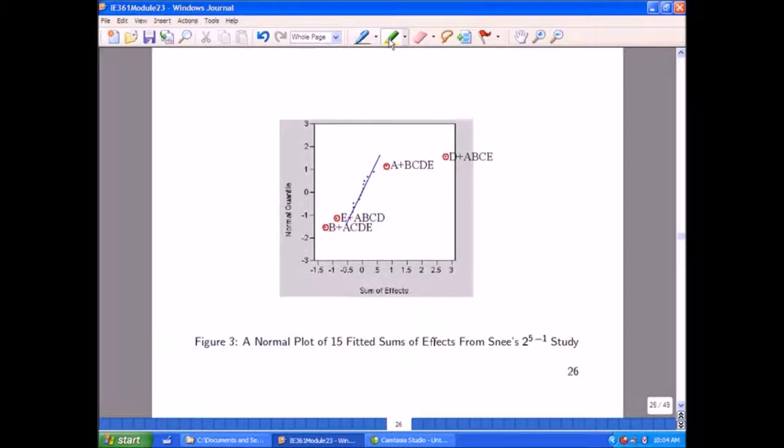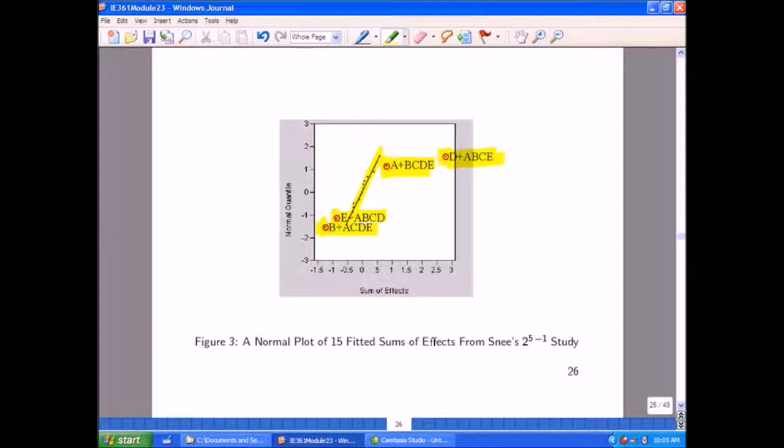Basically this picture suggests to me that even if most of the things that come out of the Yates algorithm are essentially noise, there's probably at least one and maybe as many as four of them that are more than background noise, and as a matter of fact those correspond to four main effects and their corresponding alias four-factor interactions.